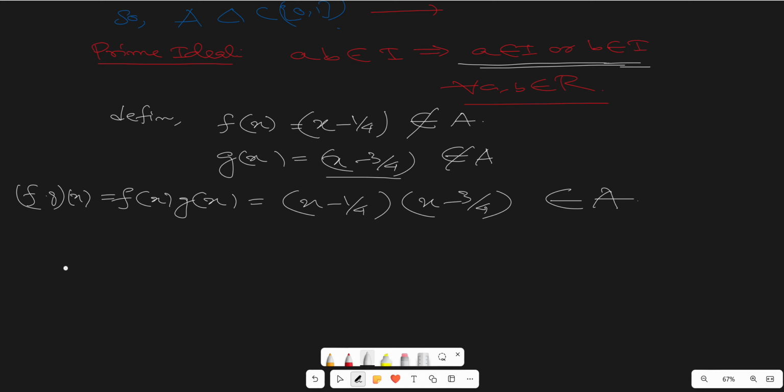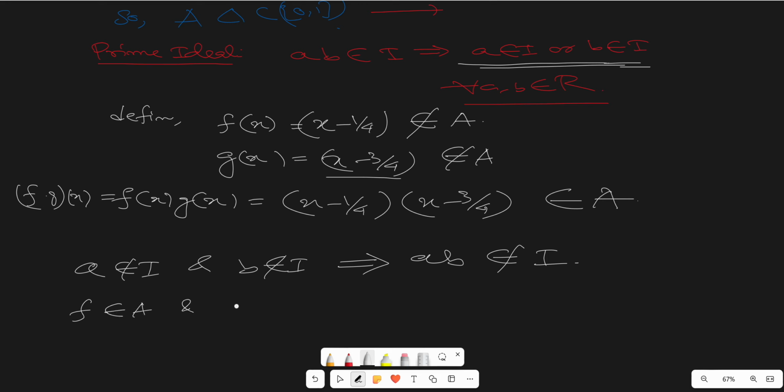If a is not in I and b is not in I, it implies that ab is not in I. Here f is not in A, g is not in A, but it does not imply that f dot g is not in A. I am just taking the contrapositive statement.